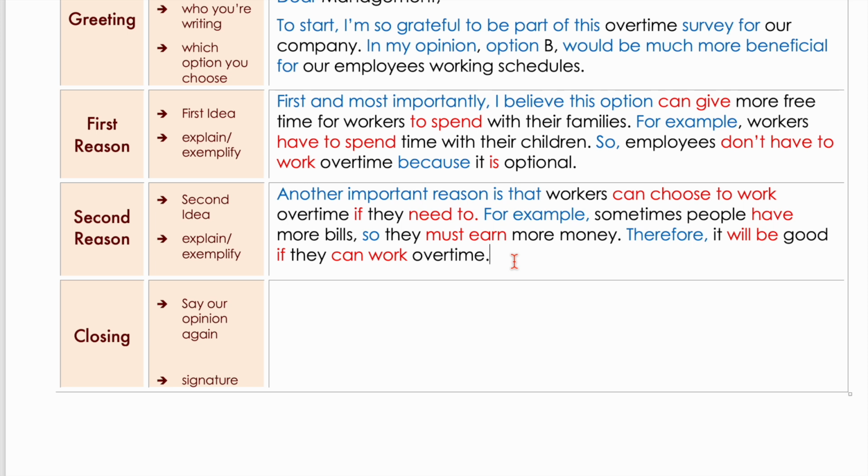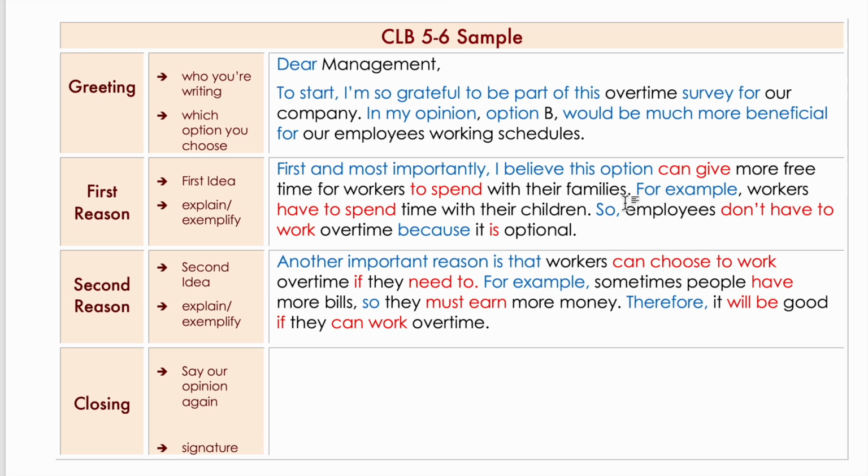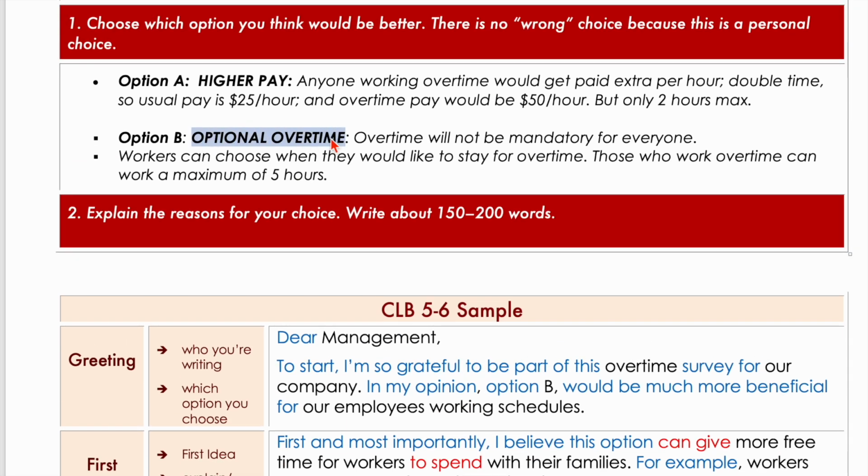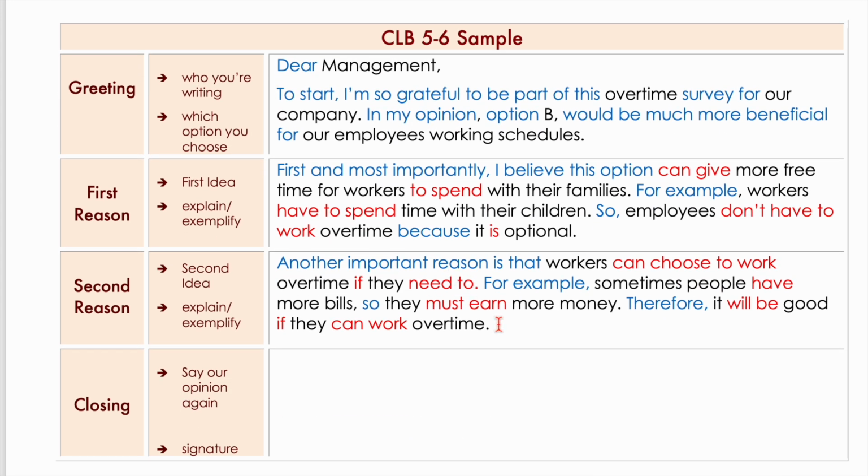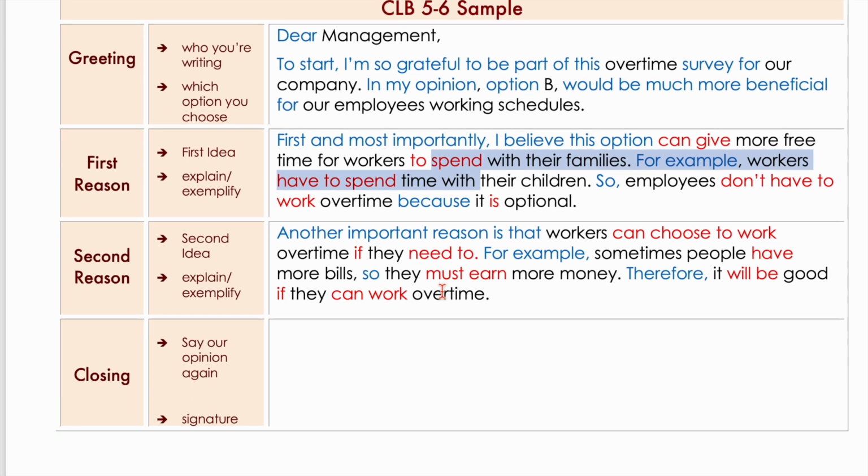Sometimes they have more bills, so they must earn more money. Therefore, it will be good if workers, they means workers, can work overtime. So they have the choice. Let's remember, here they can choose to work overtime because it's optional. Okay? So if you have more bills, first you need to spend time with your families. So you can choose to do that. But maybe sometimes you need more money, so you can choose to do that. Great. That sounds really good.